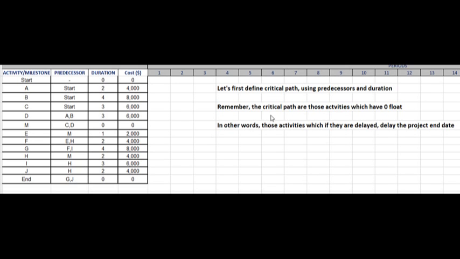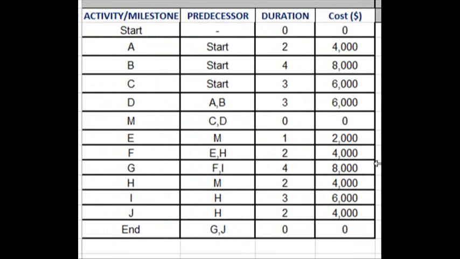The critical path is those activities which have zero float. In other words, any activity which, if it is delayed, delays the project end date, is on the critical path. So let's examine our critical path in this project.